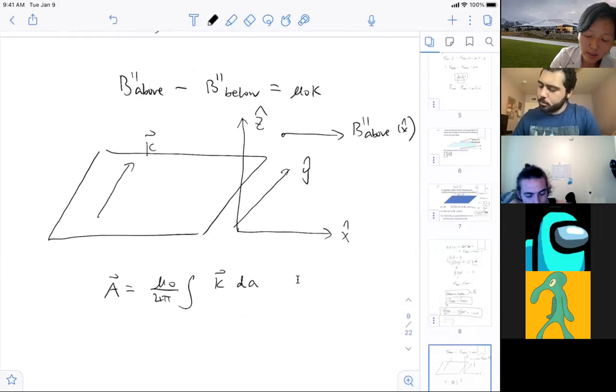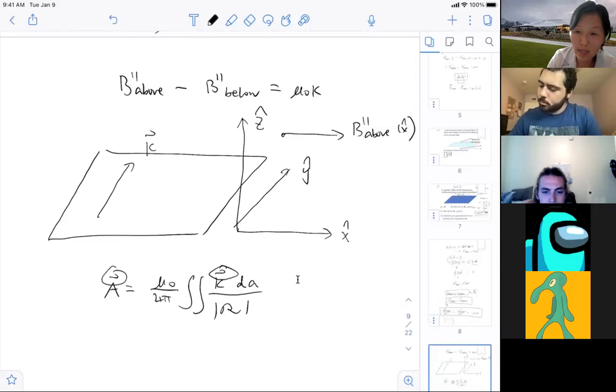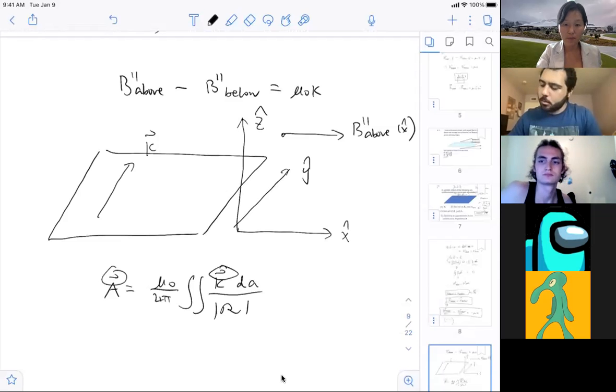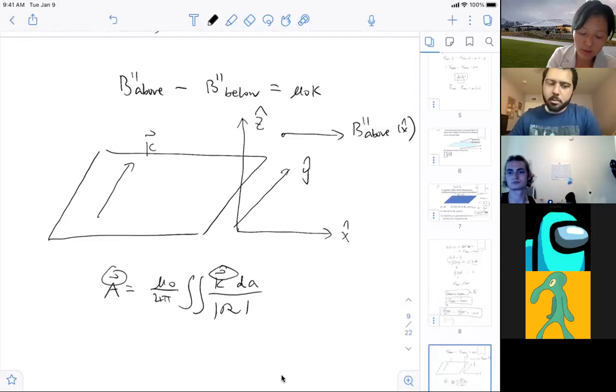the area over script R, right? So A is in the same direction as K, right? So if A is in the same direction as K, it is also in the Y direction.